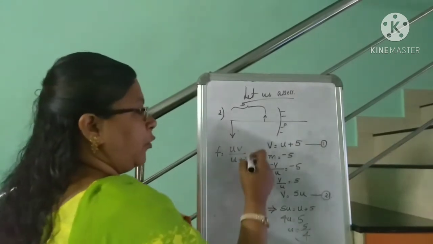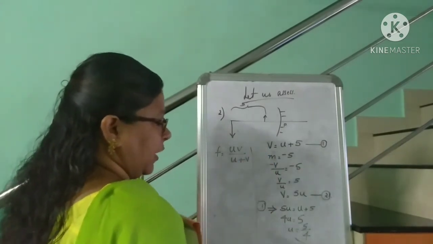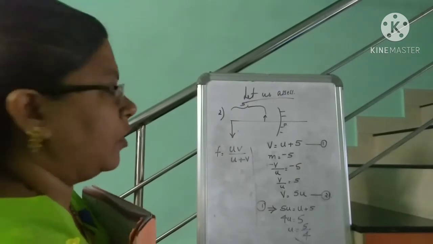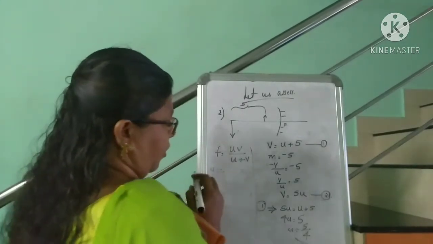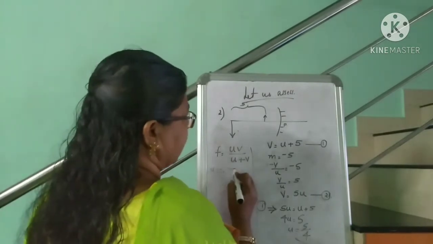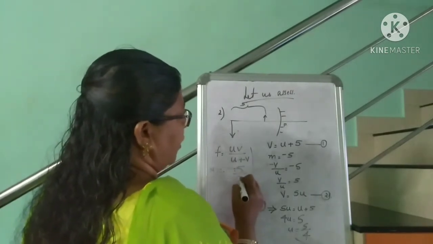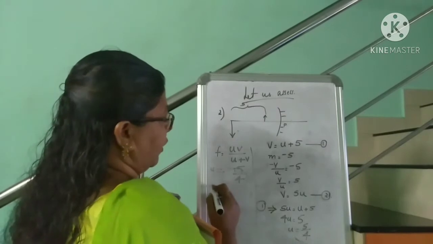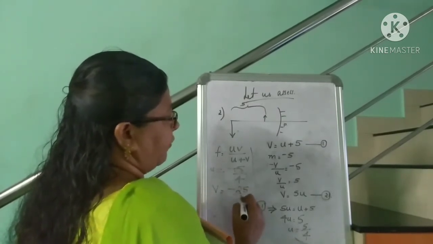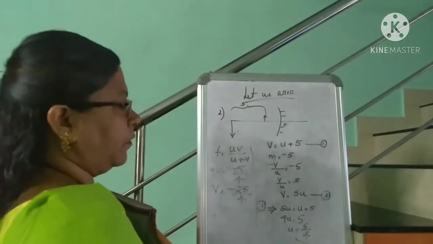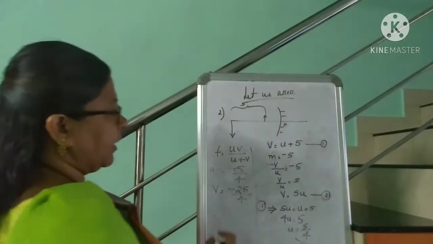But when we are doing this problem, you should use the sign convention. What is u? U is equal to minus 5 by 4. And what is v? V is equal to minus 25 by 4. Then you can substitute and find the answer.